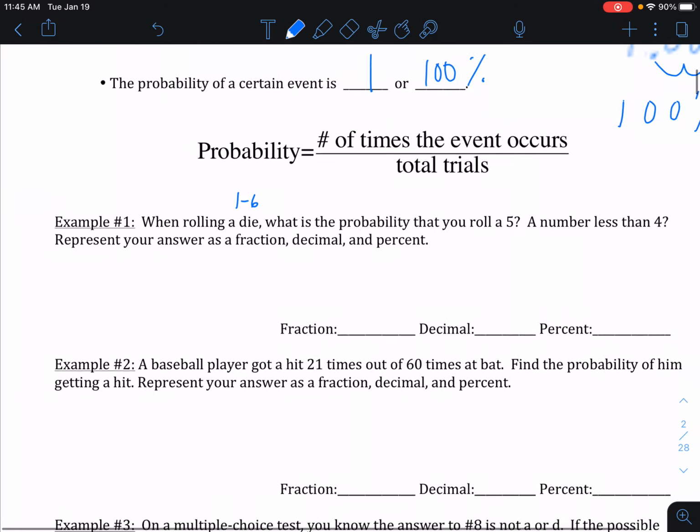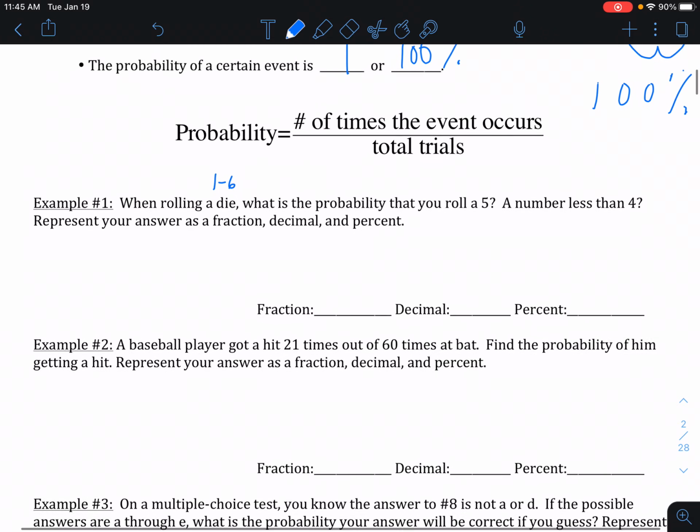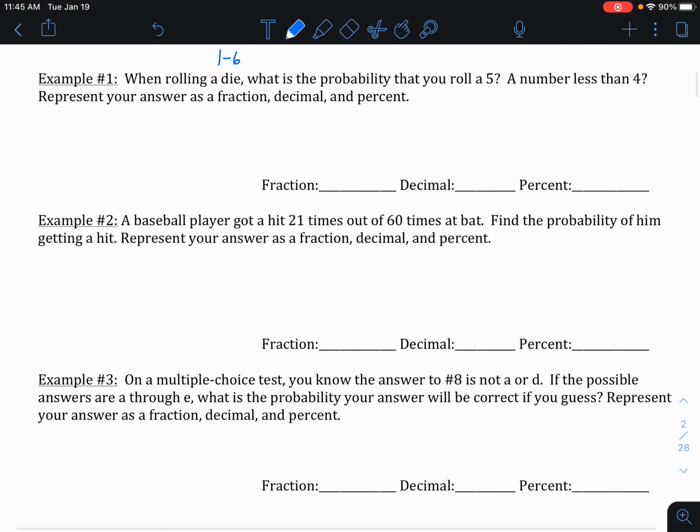So when rolling a die, what's the probability that you roll a 5? The probability of rolling a 5 is 1 out of 6 total outcomes. So 1/6 can be represented also as a decimal.